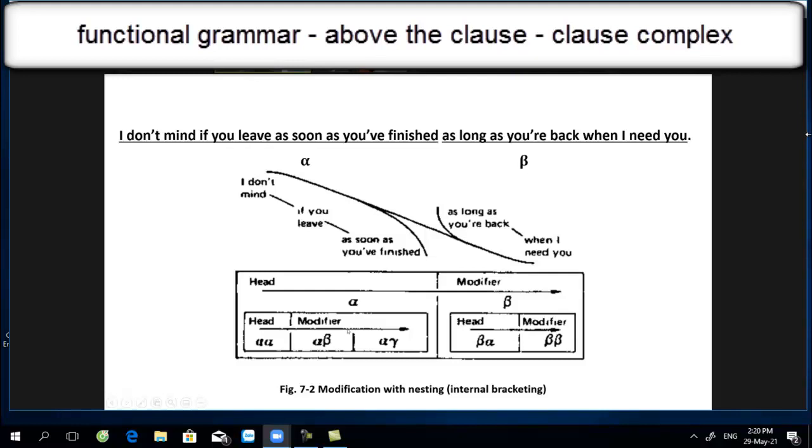Yeah, so we have the structure like this. And this is called nesting. It means that in a secondary clause or in a primary clause, we can divide it into smaller parts.